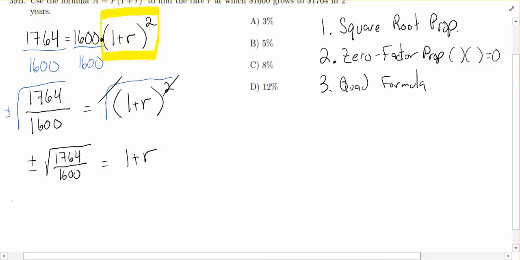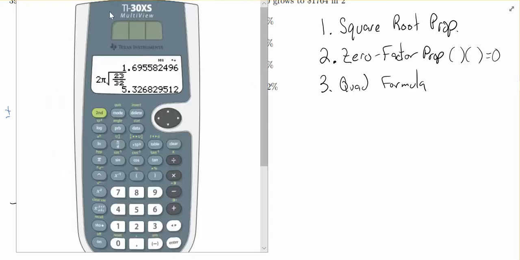We can now solve for r by subtracting 1 to the other side. Now again, the negative doesn't really make sense because if I take negative 1 minus something else, I'm going to end up with negative 2 point something. So that doesn't really make sense to me.